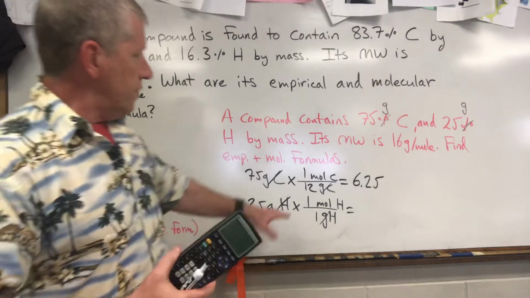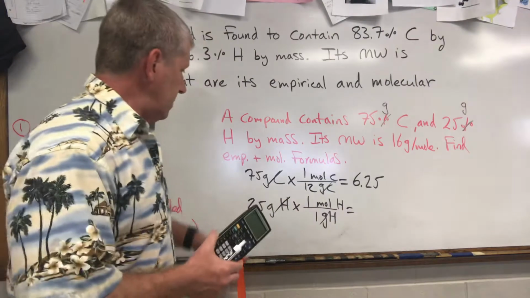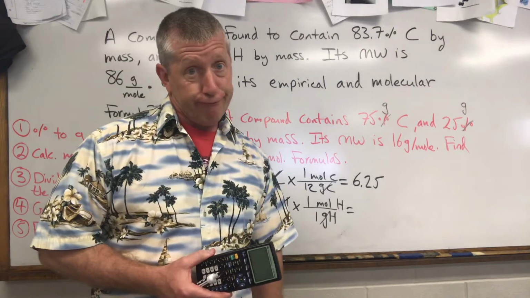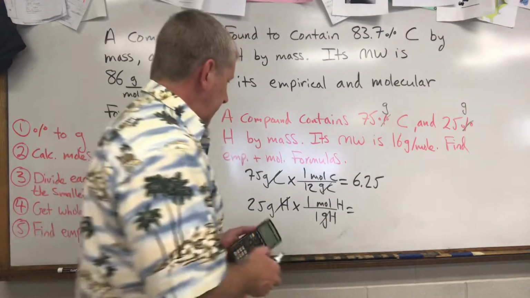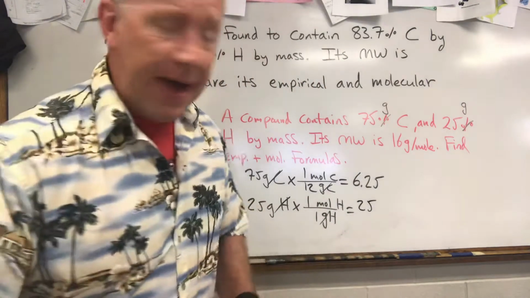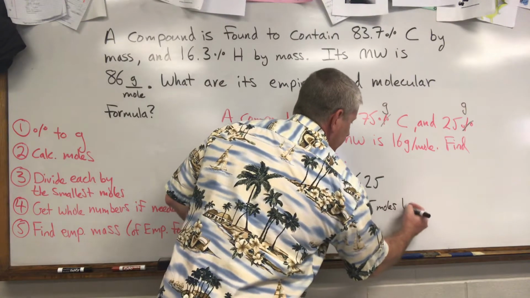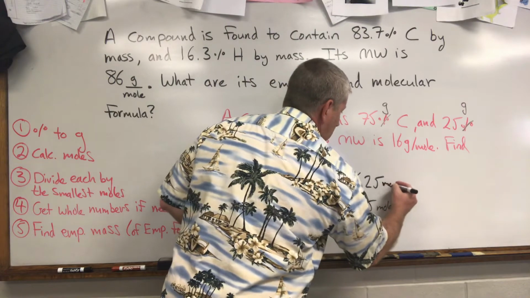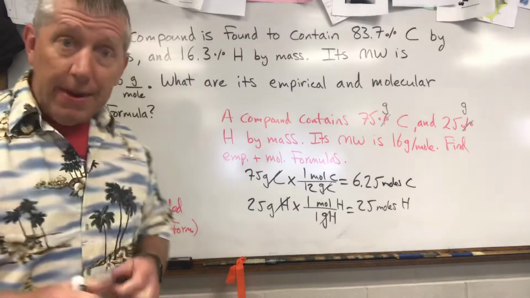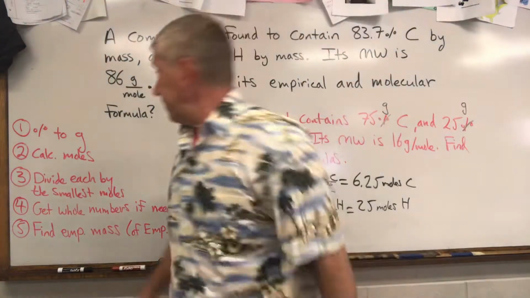So that's 12 grams per mole, so 6.25 moles if I take that 12 and divide it into 75. Now this is going to be 25 divided by 1, 25. Okay, so I have 25 moles of the hydrogen and 6.25 moles of carbon. All right, so I calculated the amount of moles of each element in the compound. Step 2, all done.